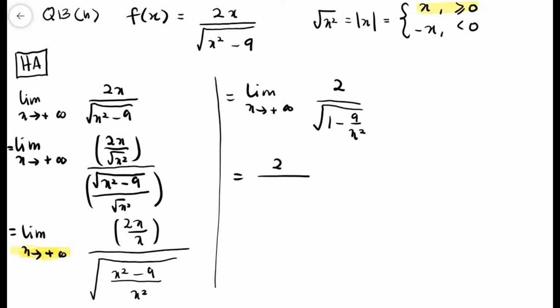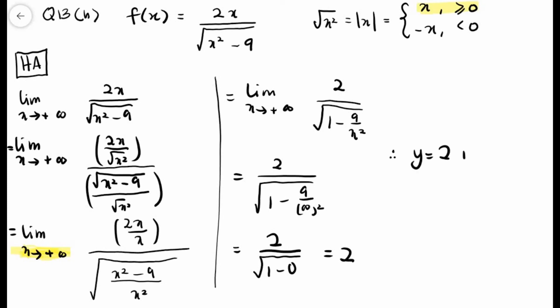You get 2 over sqrt of 1 minus 9 over infinity square, which is 9 over infinity, you notice you will get 0. So 2 over sqrt of 1 minus 0, the answer would be 2. So from this calculation, the statement is, therefore y equal to 2 is the horizontal asymptote.